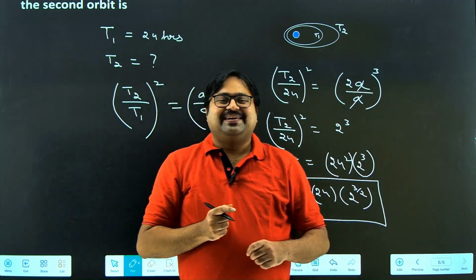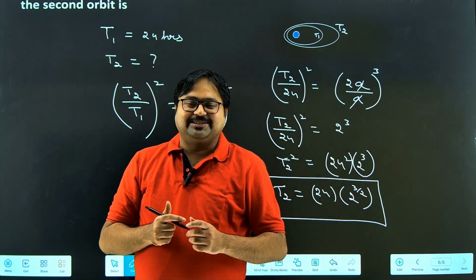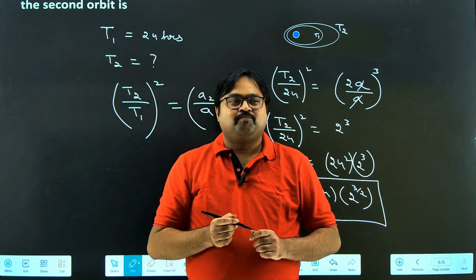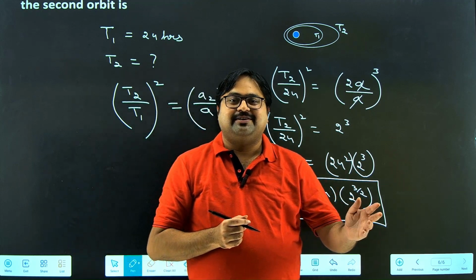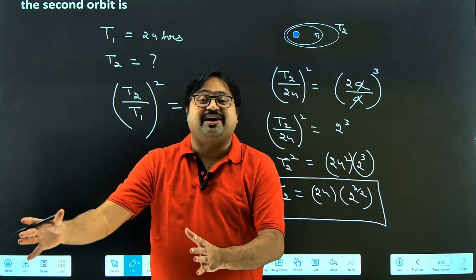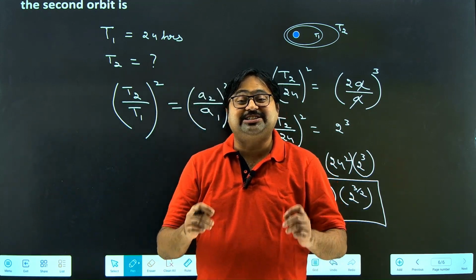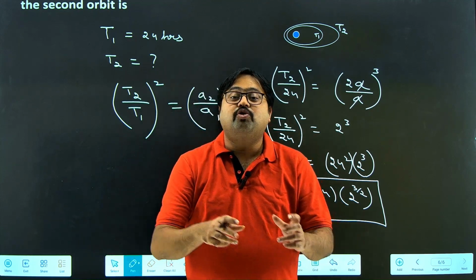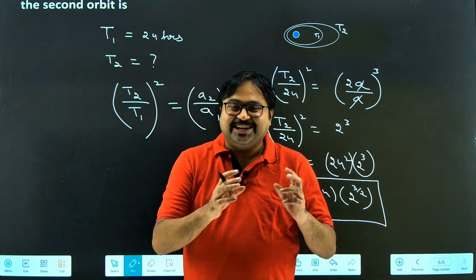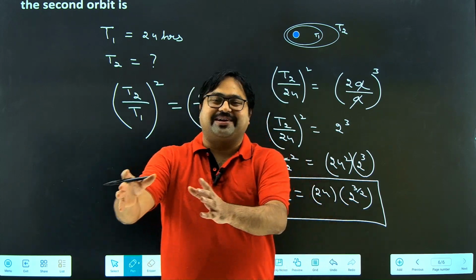Having said that, one last piece of information before I conclude this video. Saturn in Sanskrit is called Shaneshchara. The reason why it's called Shaneshchara is because it means the one who moves slowly. Shaneshchara means the slow mover.